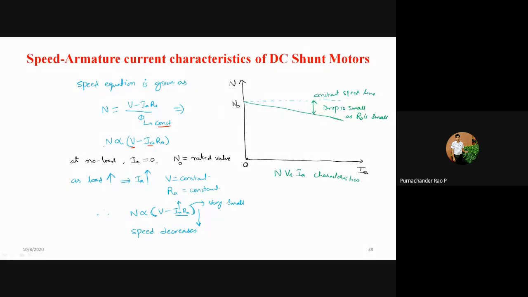The reduction in the speed is very small as the armature resistance is small, and the drop is also small. So this is a very small reduction in the speed from the constant value. Because of these reasons, the shunt motor is called a constant speed motor.